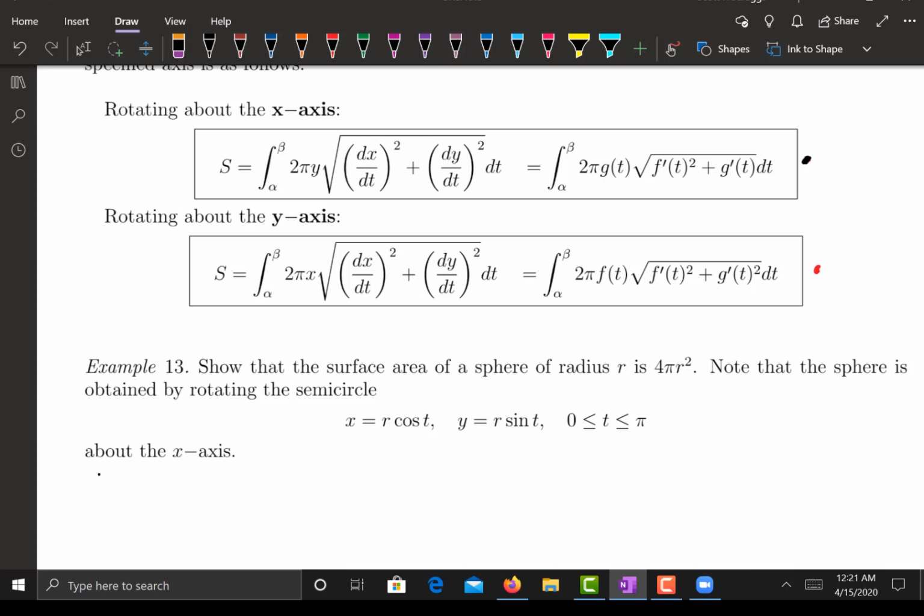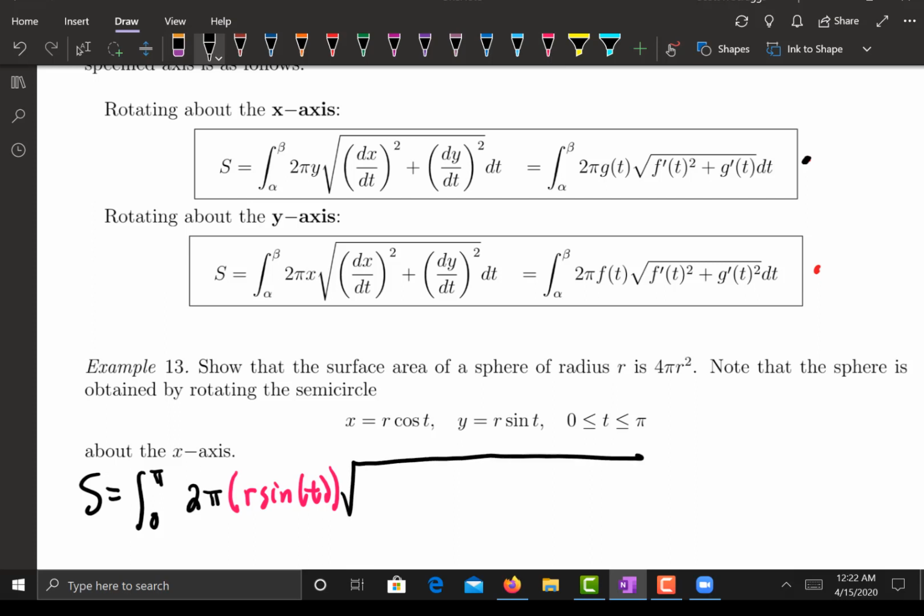Which gives me the integral from 0 to pi of 2 times pi times the equation with the variable y, so r times sine of t, times the square root of the derivative with the variable x.